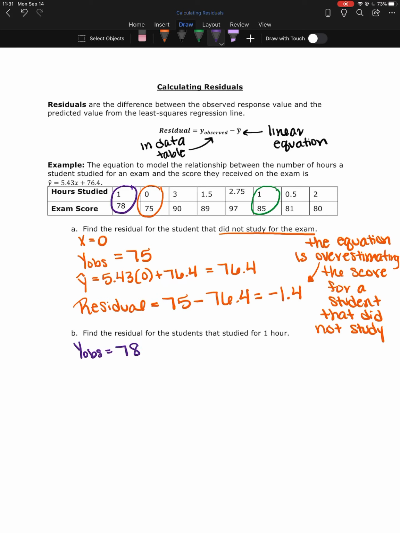So my first observed y value is 78. If I take my equation and plug in 1, because we're looking at the student that studied for 1 hour, we get 81.83.